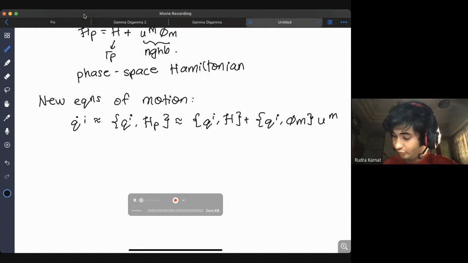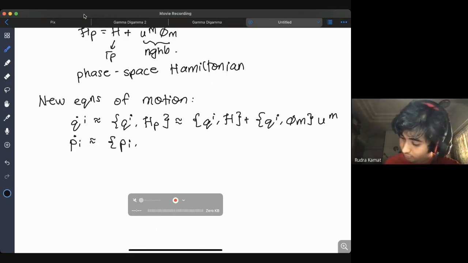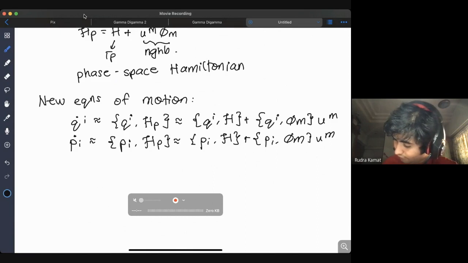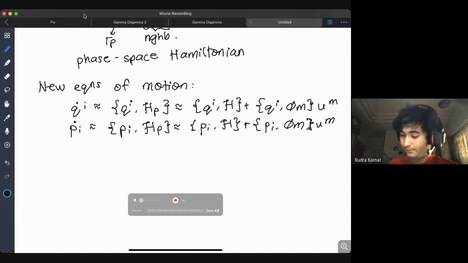This is just by definition of the phase space Hamiltonian. So you can similarly do this with pi dot, the time evolution of the canonical momentum. And generally, you can do this with any function.